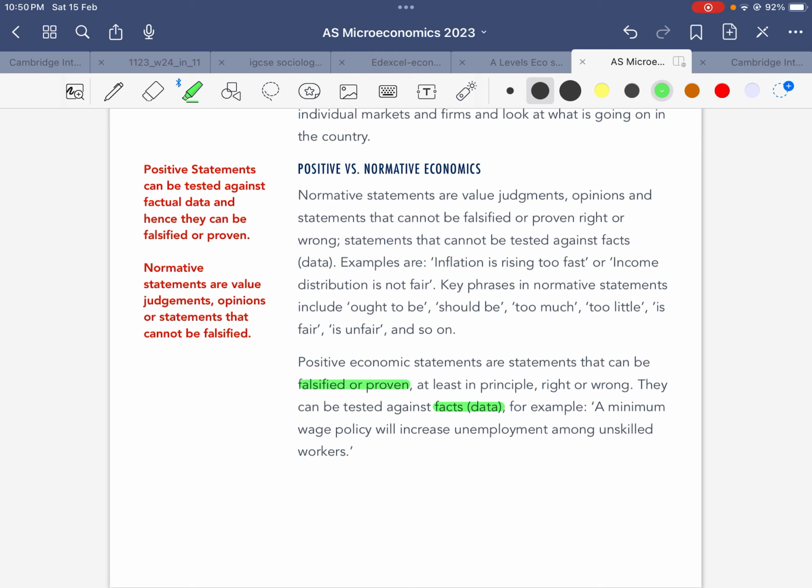Normative statement, on the other hand, deals with subjective value judgments. Value judgments are subjective. It means that it can vary for everybody. It's not the same for everyone. It's based on opinions and statements that cannot be falsified or proven right or wrong.